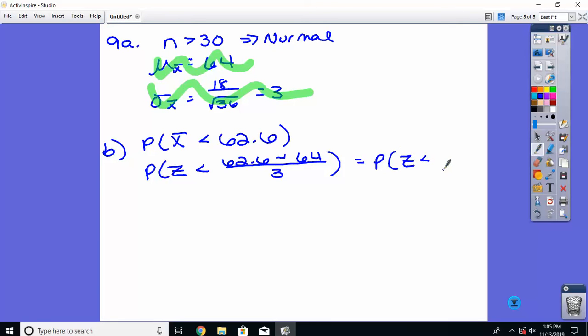If you divide those, what do you get? Then you read from the table. Negative 0.47 gives us 0.319.